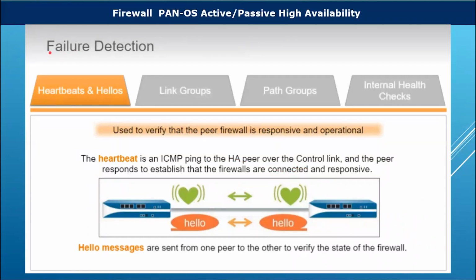Failure detection, guys: in which cases will your high availability be triggered? Heartbeat and hello messages are used to verify the peer is responding and operational. If both your firewalls are working, we check whether the peer is working or not. So it is used to send hello messages and check whether your devices are up or not.